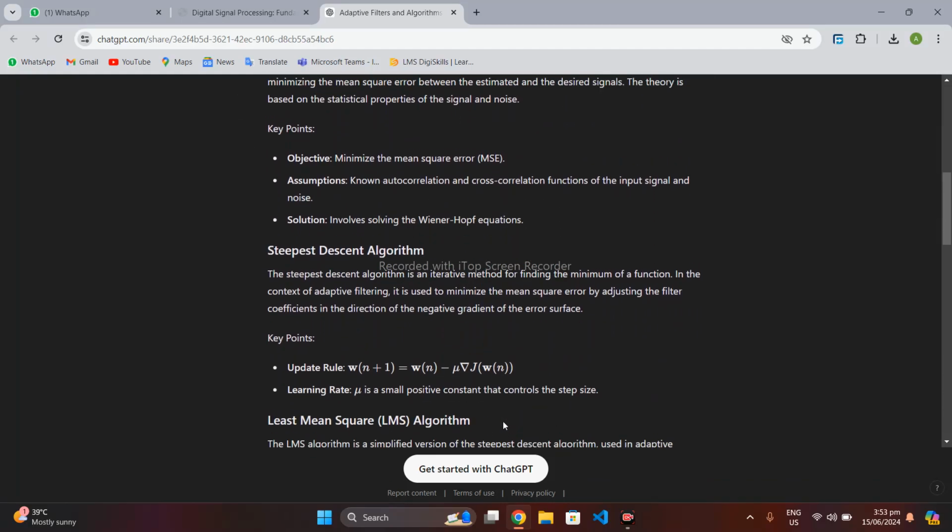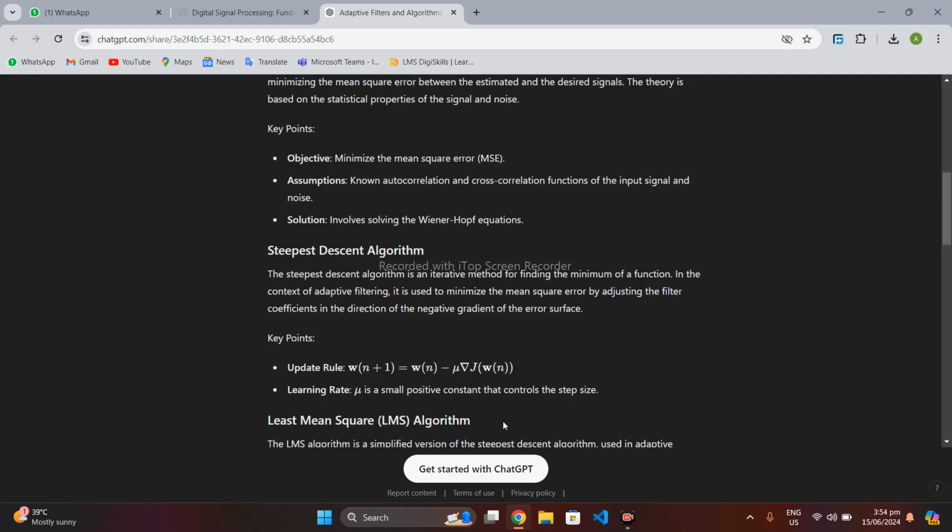Now here are some algorithms of the adaptive filters. The first one is the steepest descent algorithm. The steepest descent algorithm is an iterative method for finding the minimum of a function.